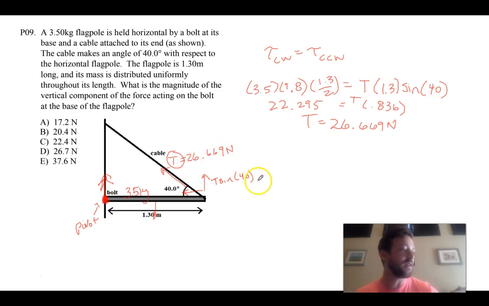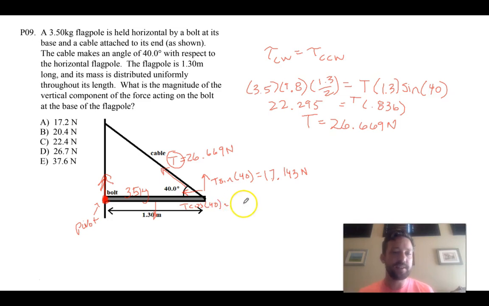So this times sine of 40 would tell you, and let's do it real quick, 26.669 times sine of 40 would give you 17.143 newtons. Now, if you wanted to know what part of the tension is used to push it against the wall, you would just multiply it by cosine, right? You could do tension times cosine of 40.